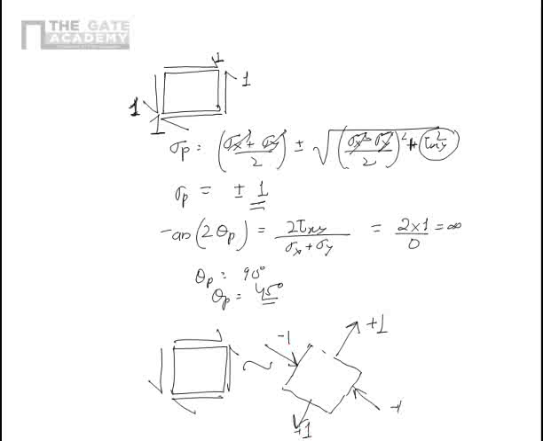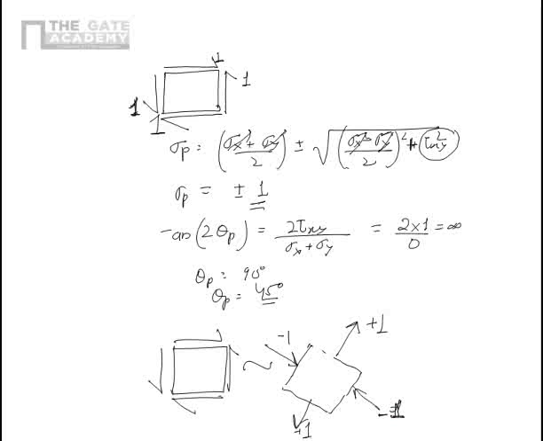So we see the same element has normal stresses which are tensile and compressive in nature, but the value is equal to the shear stress value. Both of them are equal to 1 in terms of the number, but they are different in form. One is compressive stress, the other one is tensile stress.